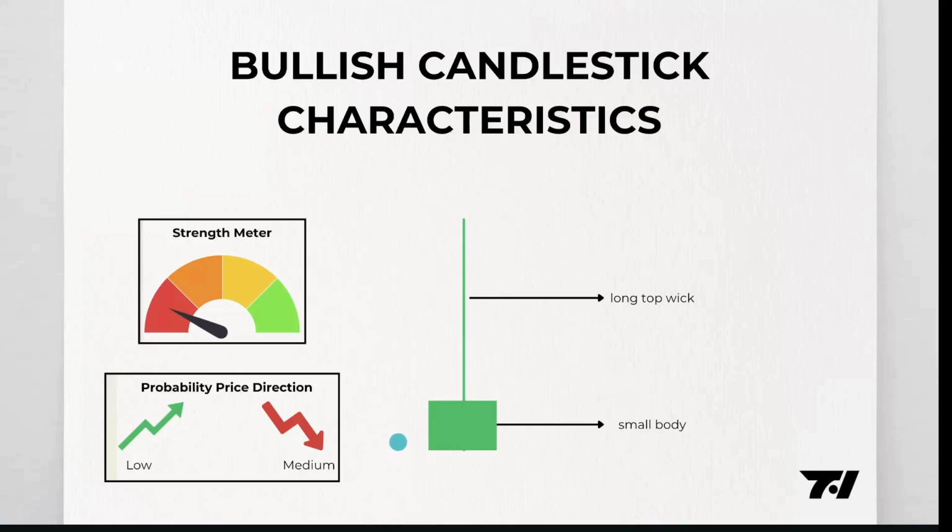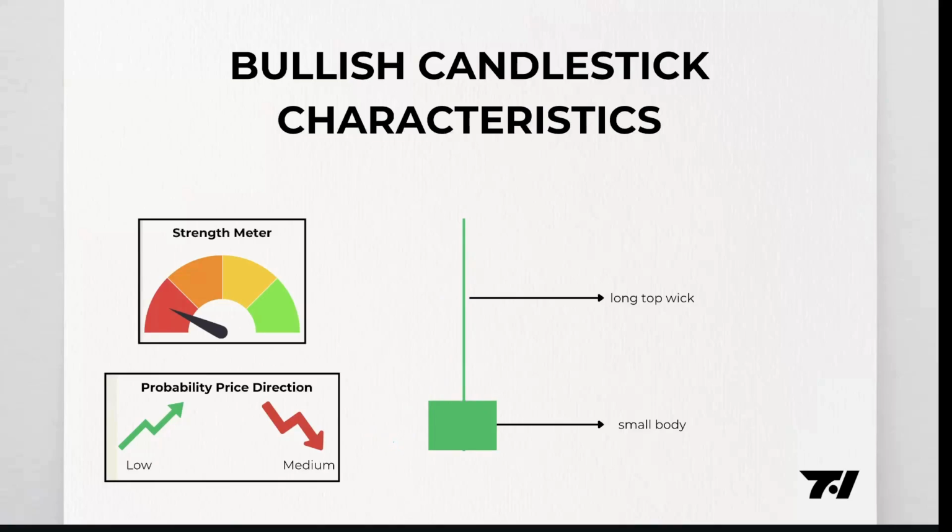Which means when price moves lower, it is showing no rejection, right? In fact, it is showing rejection from the top side down. So price ends up closing very close to where it opens.